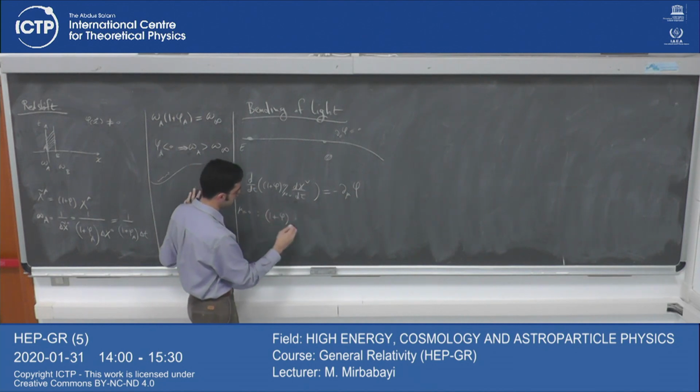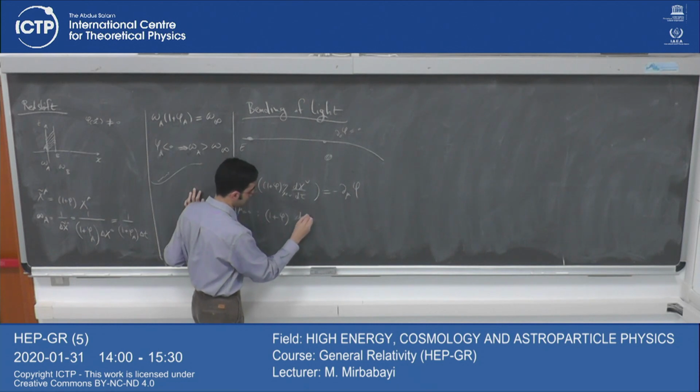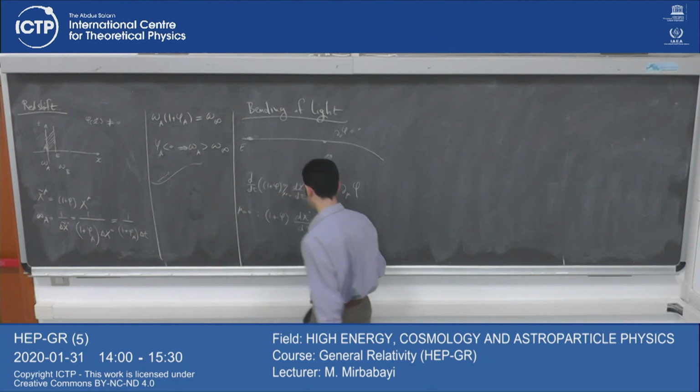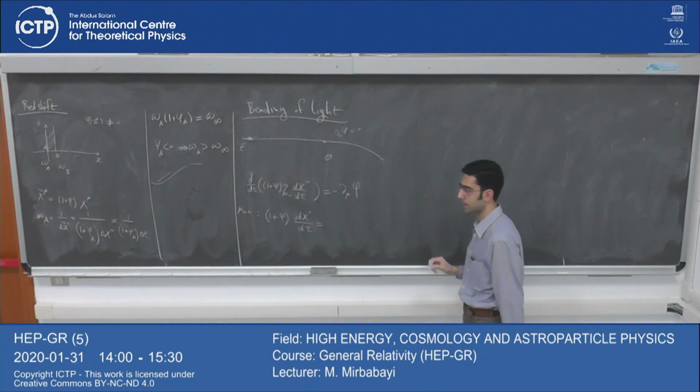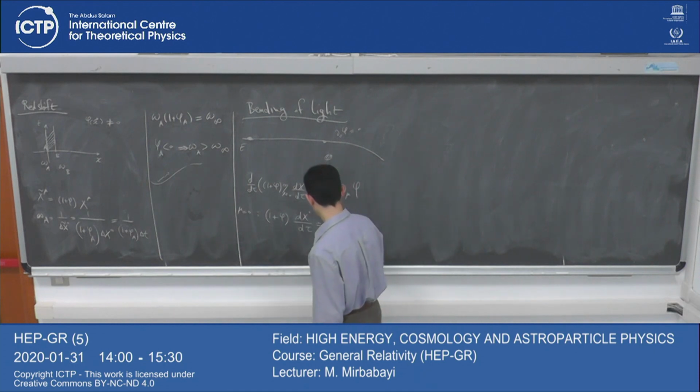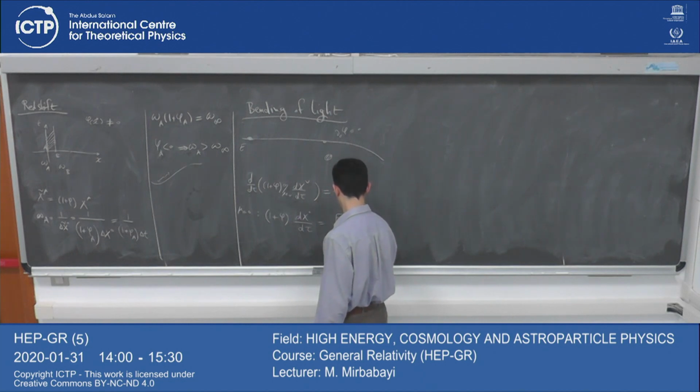So 1 plus phi times dx0 by d tau is equal to a constant. And that constant, I'm going to call E divided by M.